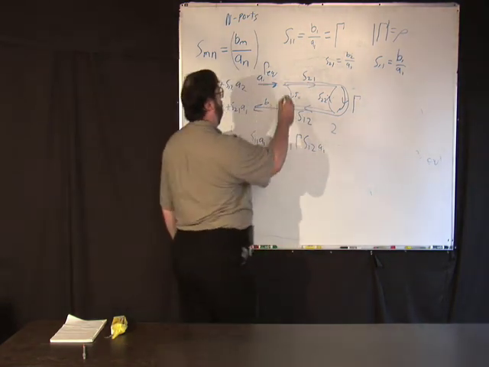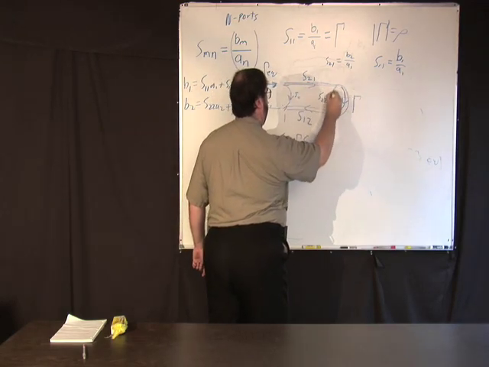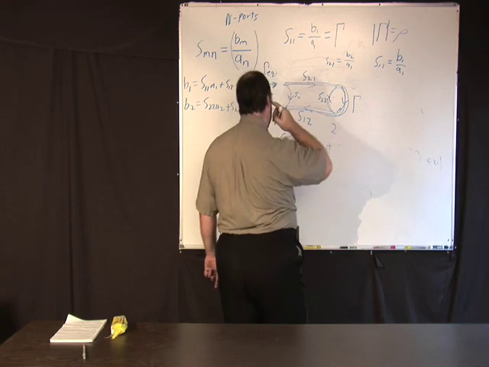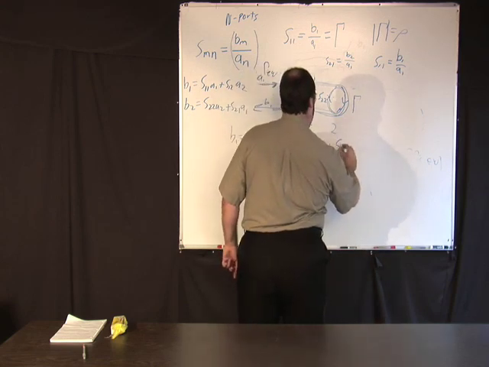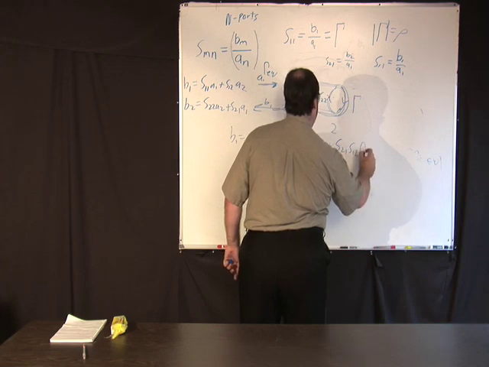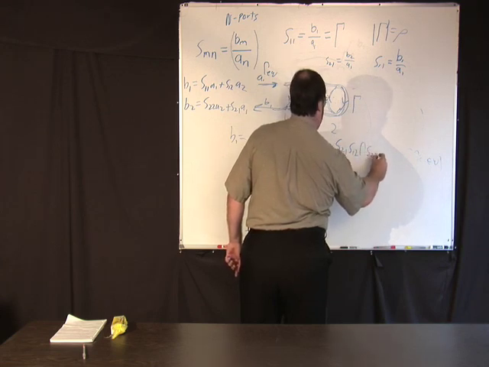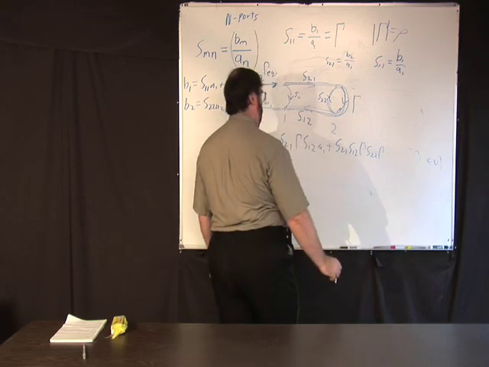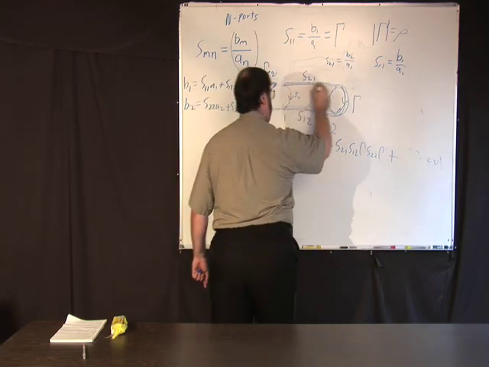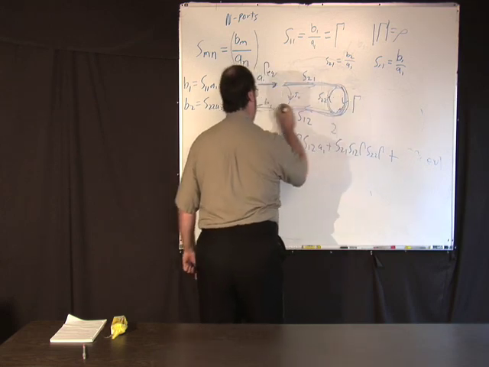Well, this is also a path through the device. So this is plus S21 S12 gamma S22 gamma, plus there's another path through the device, 1, 2, and out.